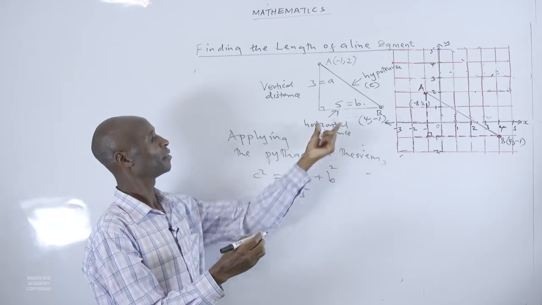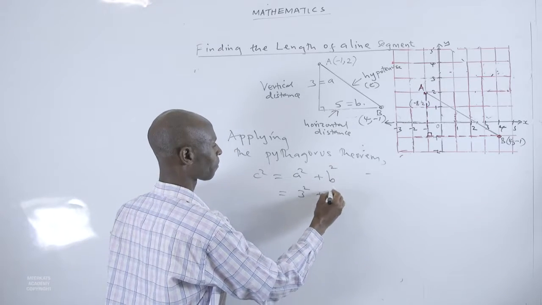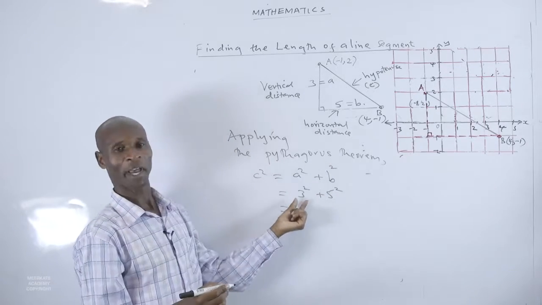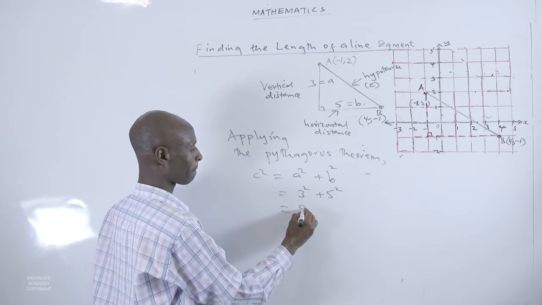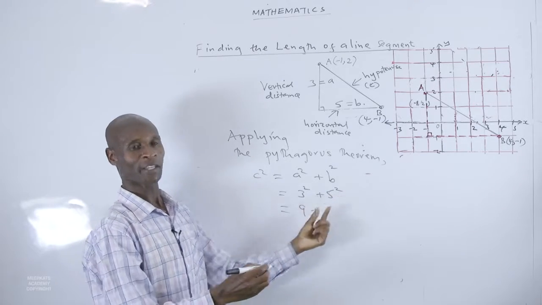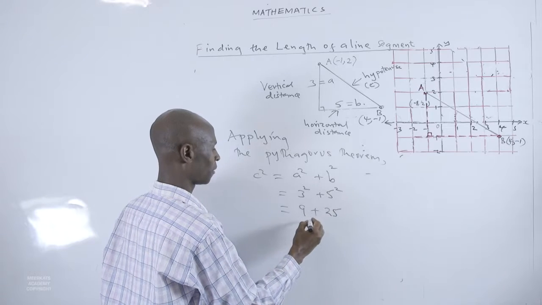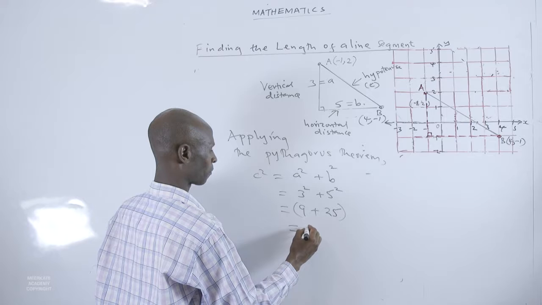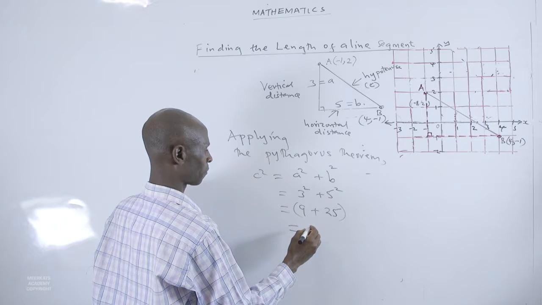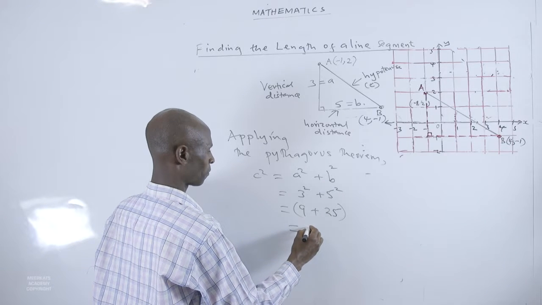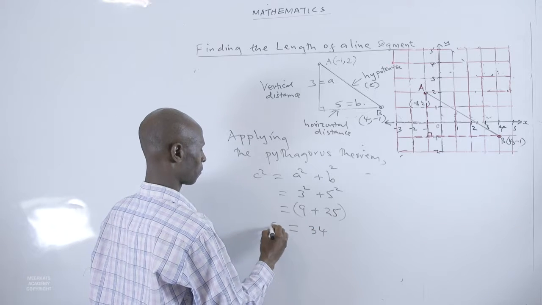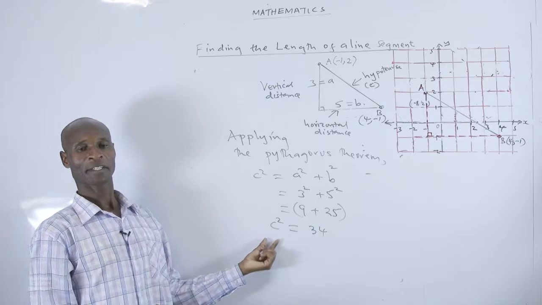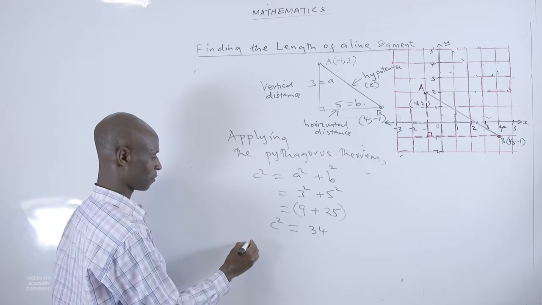The B is 5 units. If we square, 3 squared is 9. 5 squared is 25. So we find that C squared is 34.